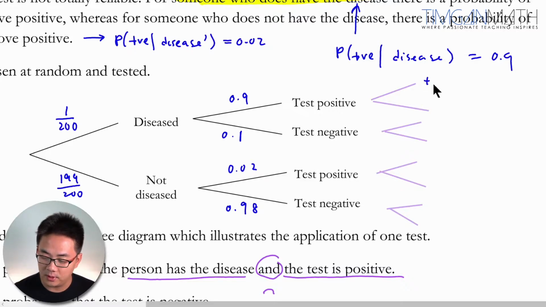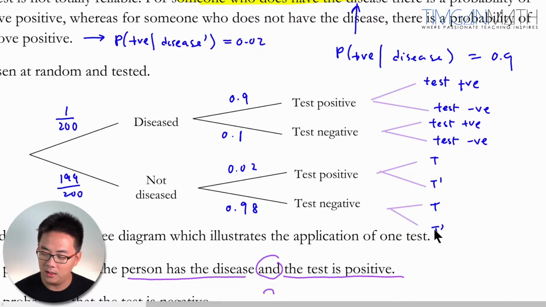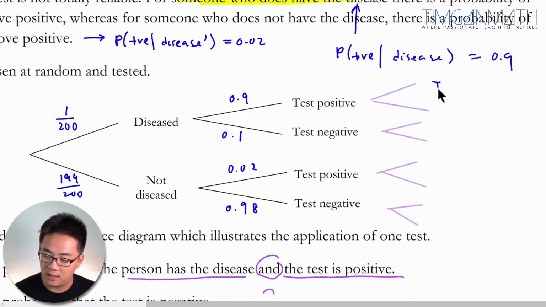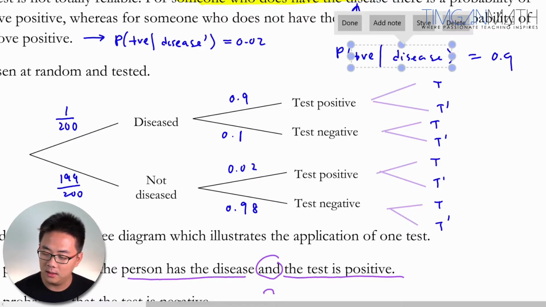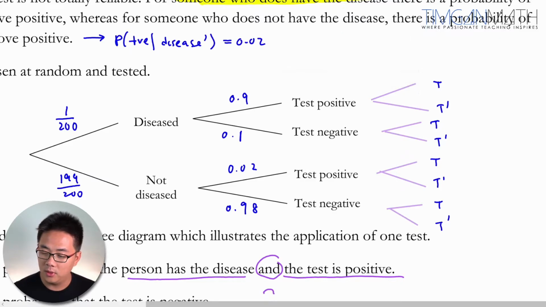This will be a test positive, so it's T, and this could be test negative, T prime, and the same for the other branch. Okay, so now this part here we call the second test, and this is the first test.